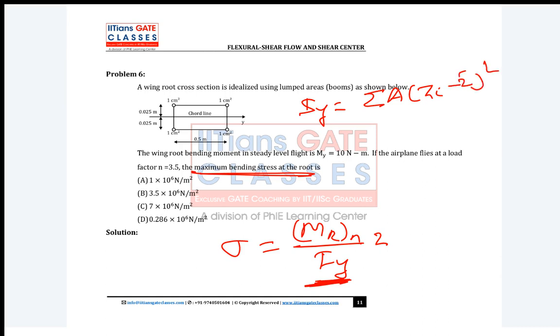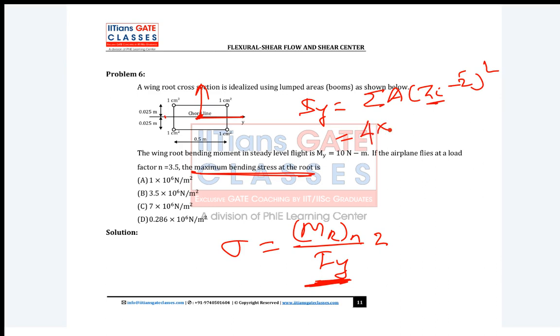Now guys, here your centroid is here. So Z bar, if I take reference itself is this, so Z bar is 0, only Zi distances. Now Zi distances will be plus minus. So what will be your Iy? It will be 4, area is given, it is 1 centimeter square.